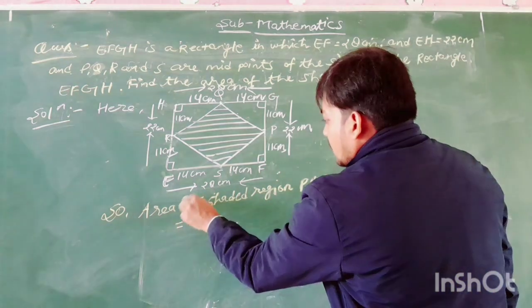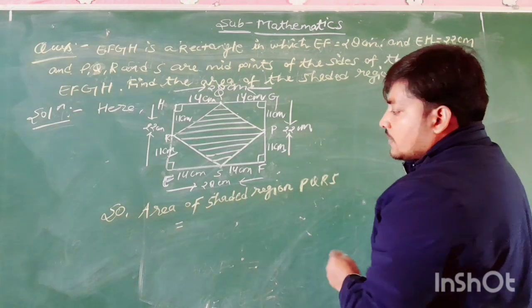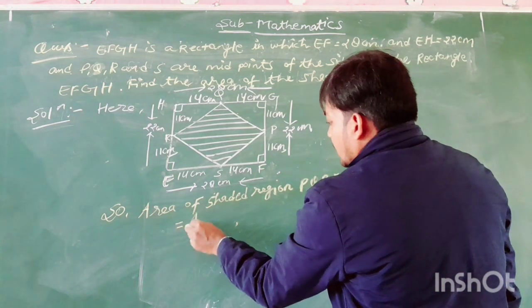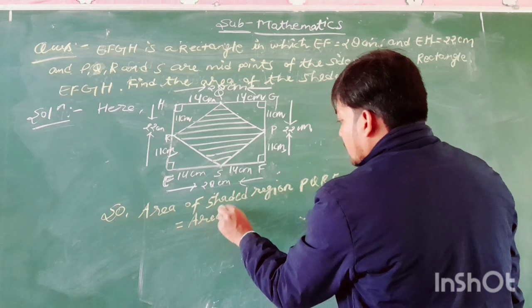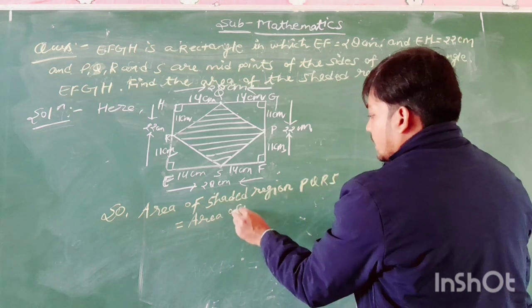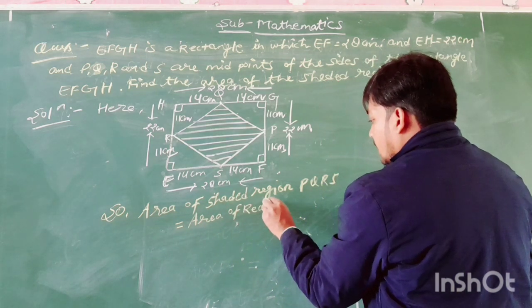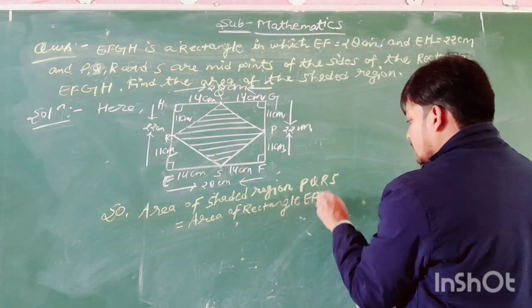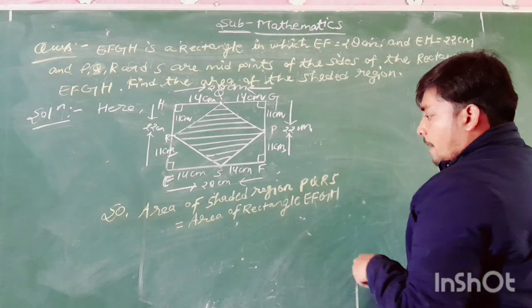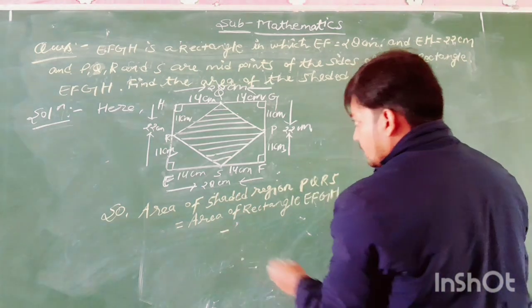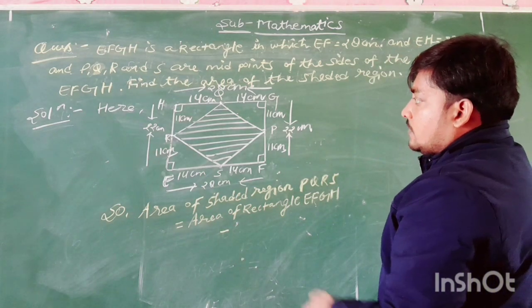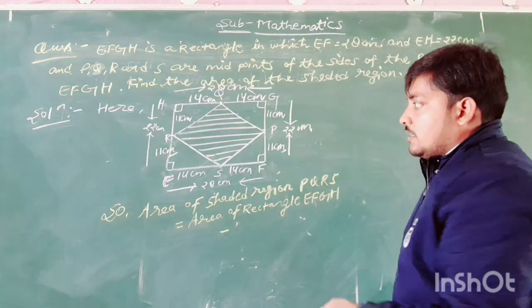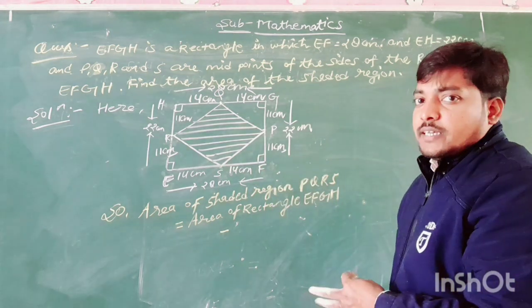So area of shaded region PQRS is equal to area of rectangle EFGH minus four triangles, which are the same in area.